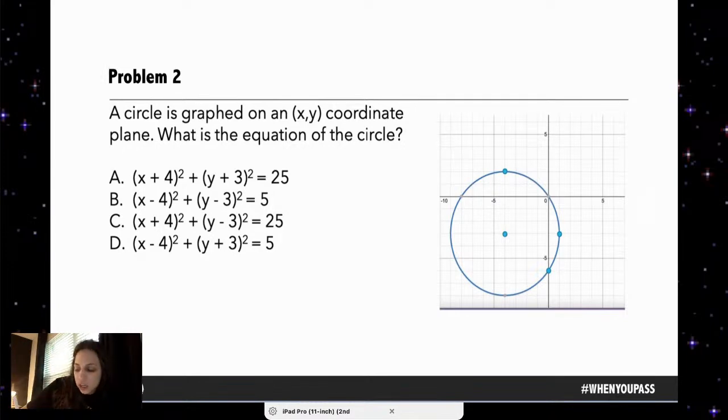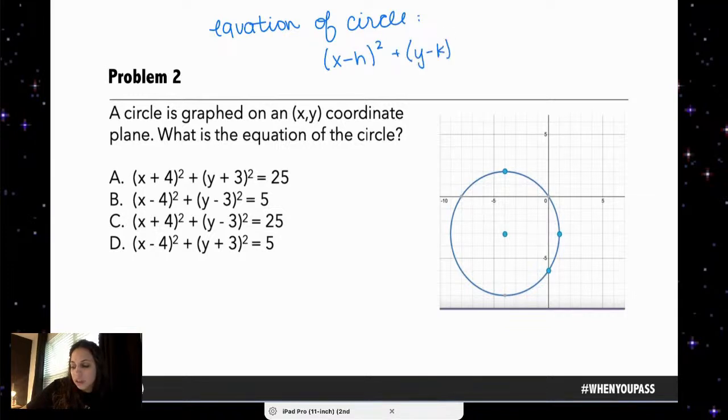So the equation of a circle is (x - h)² + (y - k)² = r², where r is your radius and (h, k) is your center.